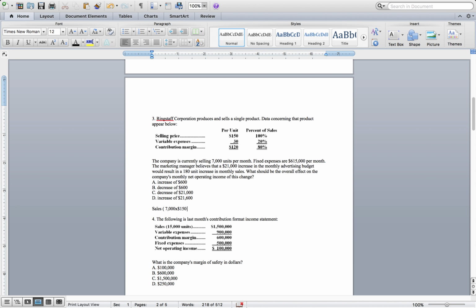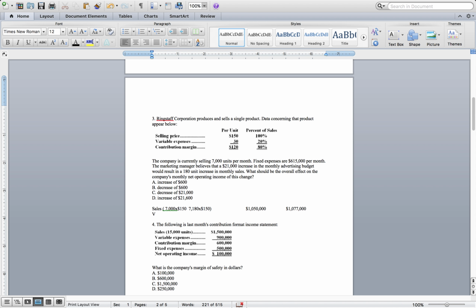The second one will be 7,180 units times $150. The first column, 7,000 units at 150, is $1,050,000. And 7,180 at $150 is going to be $1,077,000.